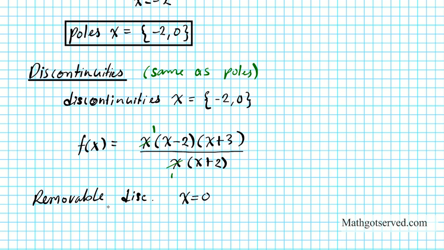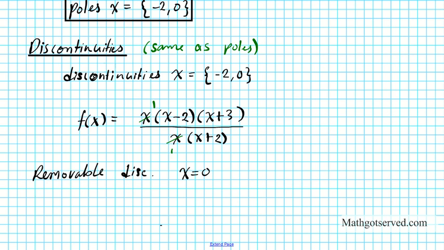Now the next thing we need to find is the infinite discontinuity. You might already guess what it is. The discontinuities have to be either removable or infinite, right? So we already know that the 0 is removable, so what do you think the infinite will be?